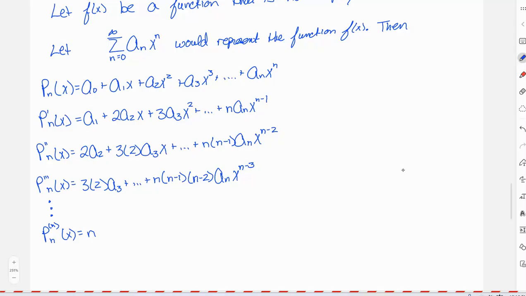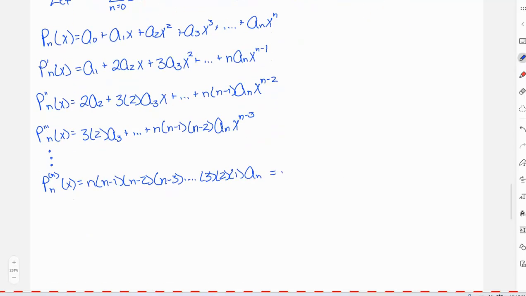So it would make sense that the nth derivative, right before I get to 0, would be the coefficients of those exponents, which I could think about as a factorial: n times n minus 1 times n minus 2, all the way down to 3 times 2 times 1 times a sub n. So we could think about that as n factorial times a sub n.